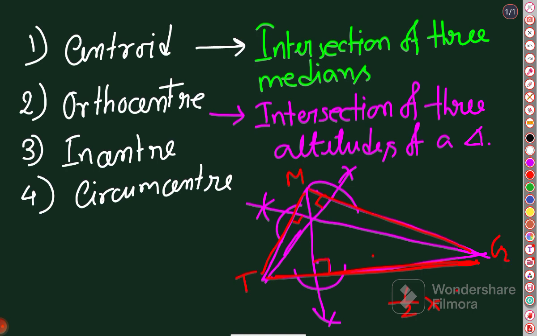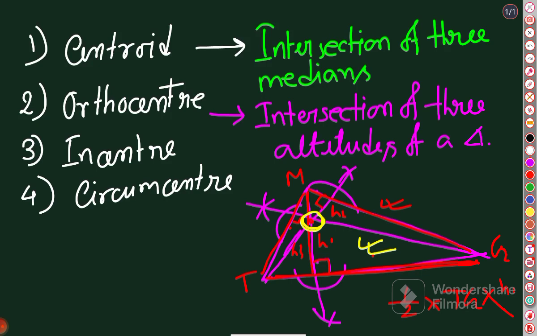If you take base TG, it is half into TG into h1. If you take MG, then half into MG into h2. If you take MT, then half into MT into h3. This way you can find the area of the triangle. This point is called the orthocenter. So the intersection of three altitudes is known as the orthocenter.